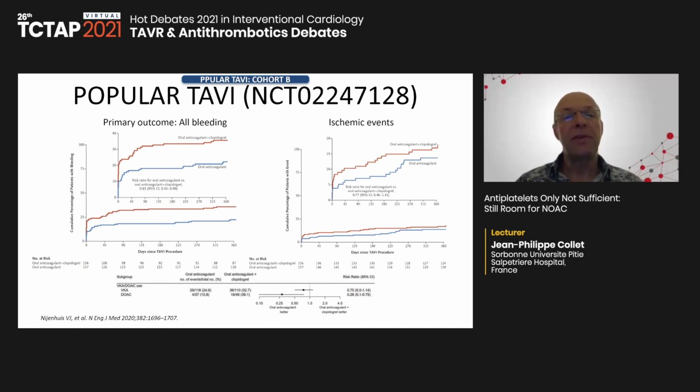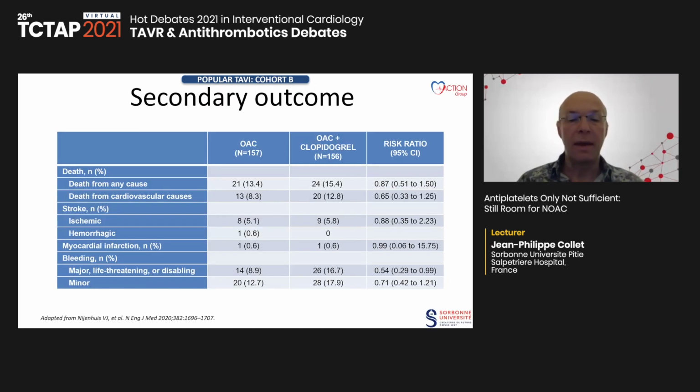So these are very good news for the NOACs versus the VKA, which represent, as I said before, around 30% of our patient population. And again, when you look at where is the benefit, it is mostly driven by the reduction of major, life-threatening or disabling bleeding by almost 50%, without any effect on thromboembolic events.